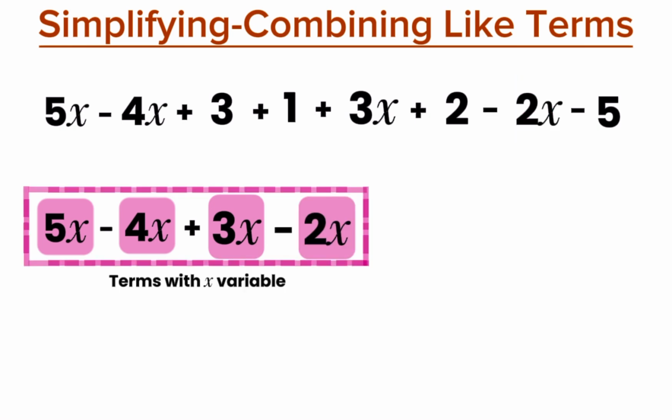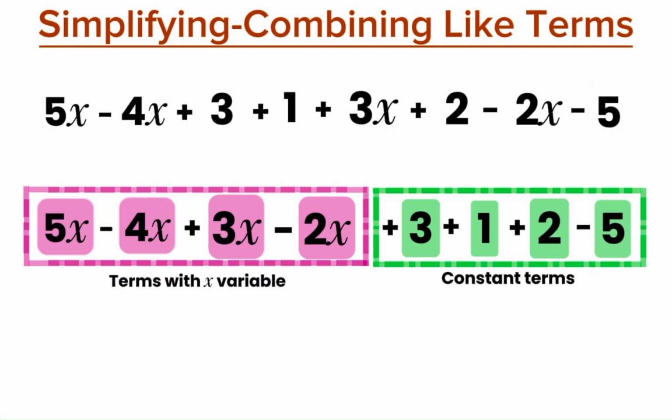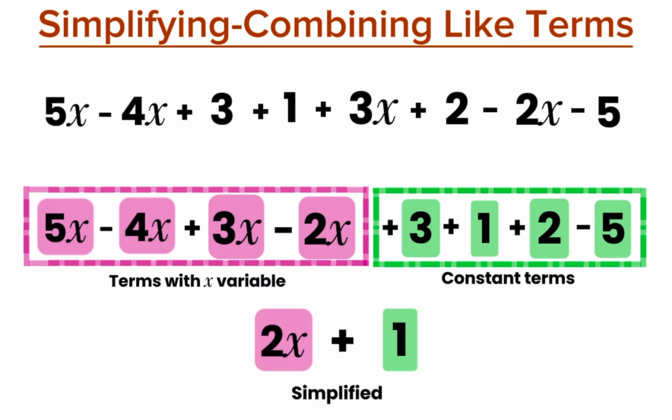We've gathered all the terms with x variables. Now we can group the single numbers. Plus 3, plus 1, plus 2, minus 5. All the like terms are now grouped together. When you add and subtract them, you get the simplified version, which is 2x plus 1.